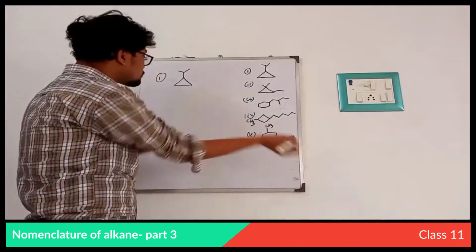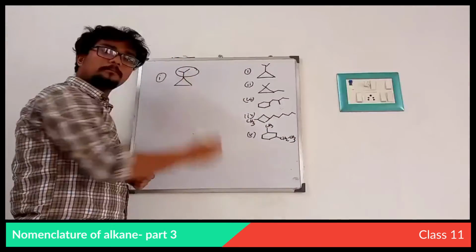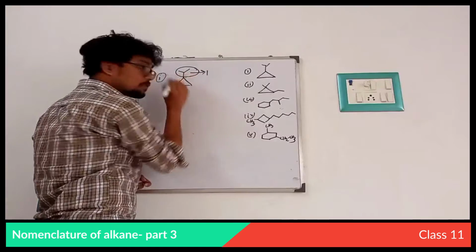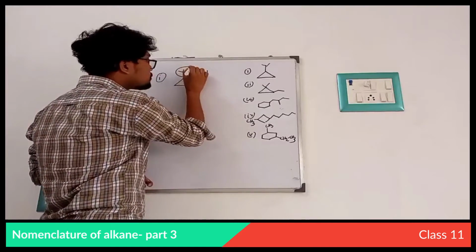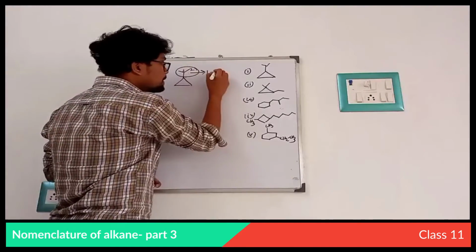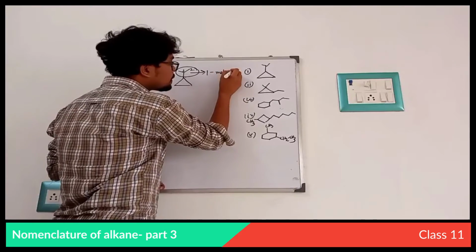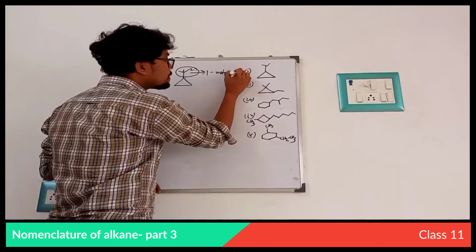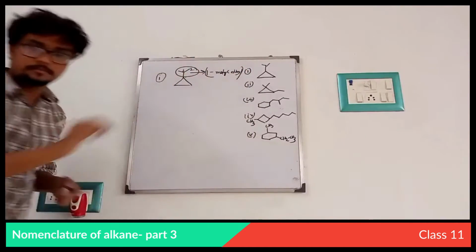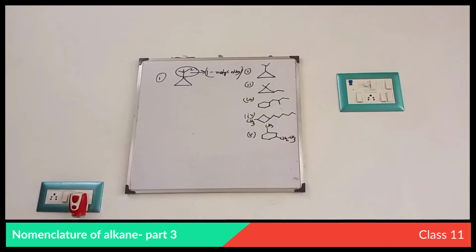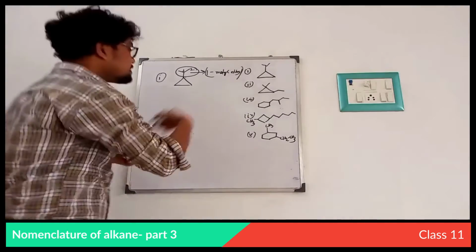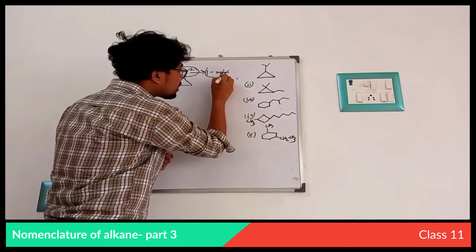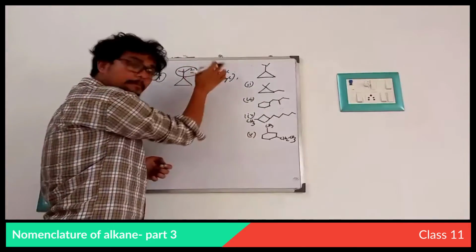Right? So this is our complex substituent, and the name of the complex substituent is 1-methylethyl. That is the name of the substituent.